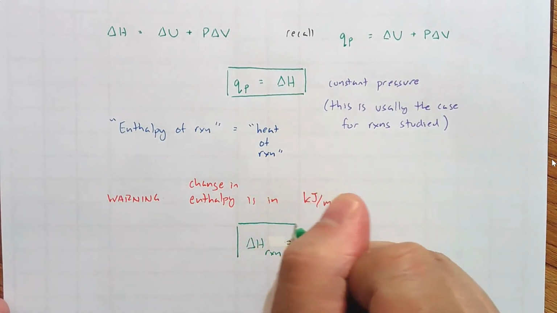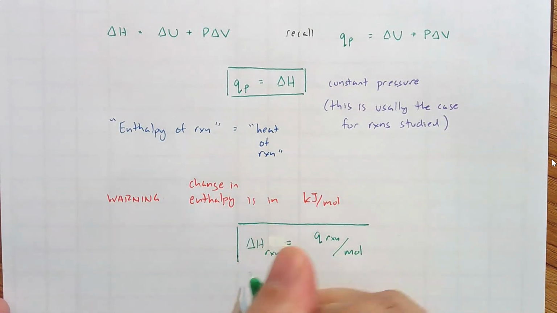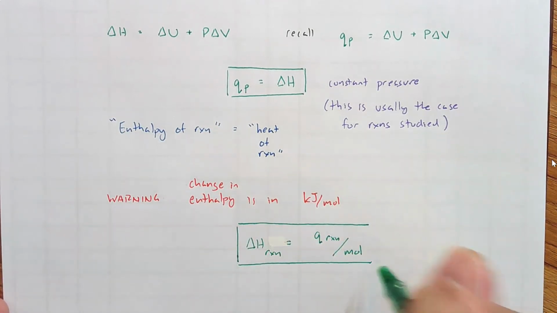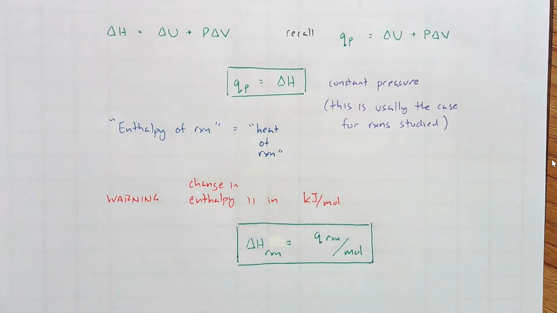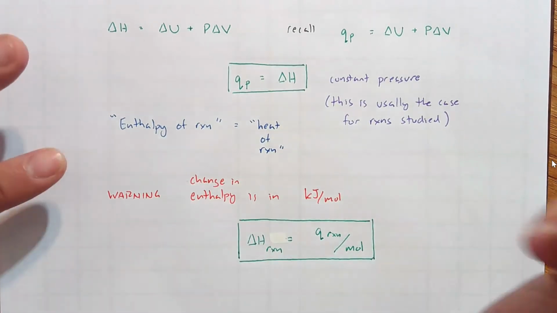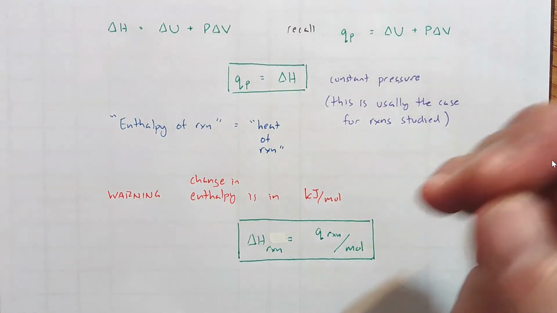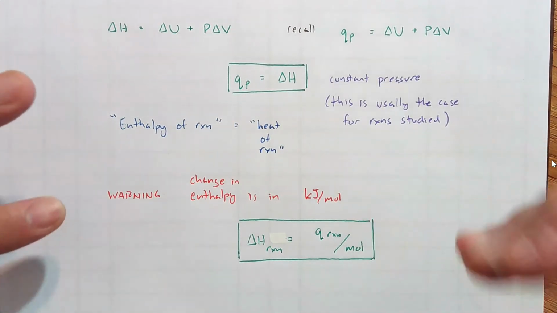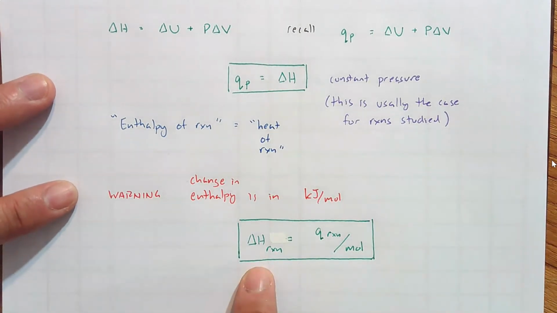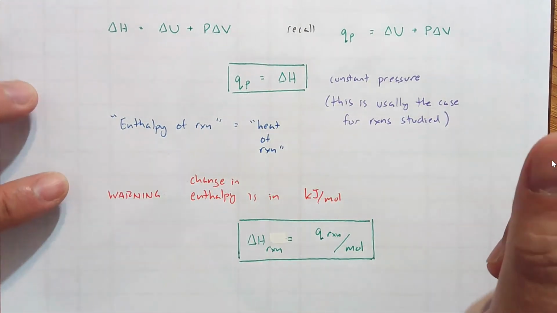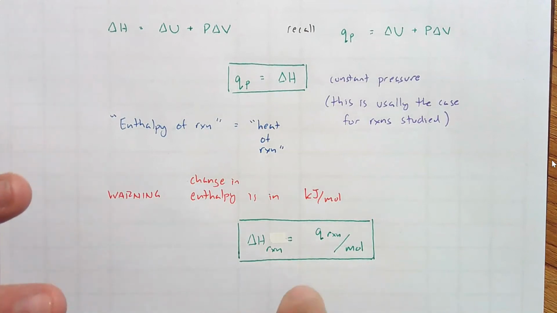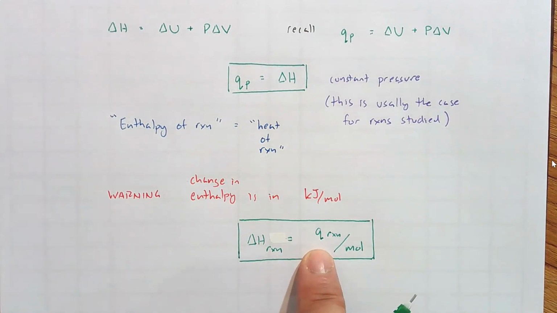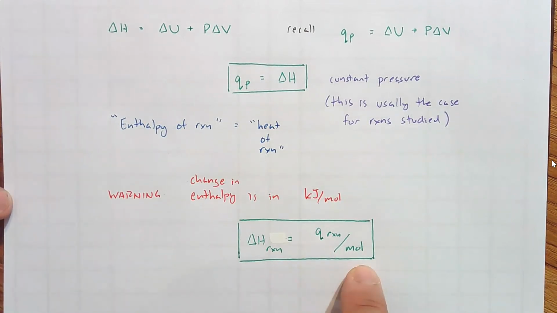Because not here, but in later problems, we're going to do stoichiometry, and you're going to be given a certain number of moles, like 0.728 moles. What is the heat of the reaction? What is the delta H? If the delta H of a reaction is, I don't know, 72 kilojoules per mole, right?